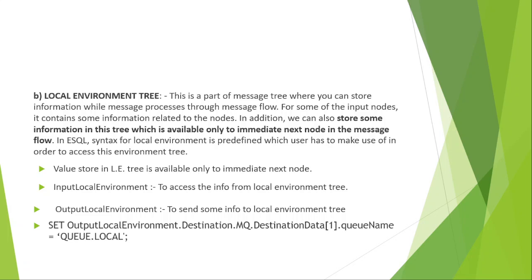If you are storing some information in the local environment tree, it will not be available throughout the message flow, only to the immediate next node. If you want to fetch some information from the local environment tree, you have to use the input local environment tree. If you want to set some information to the local environment tree, you have to use the output local environment tree.